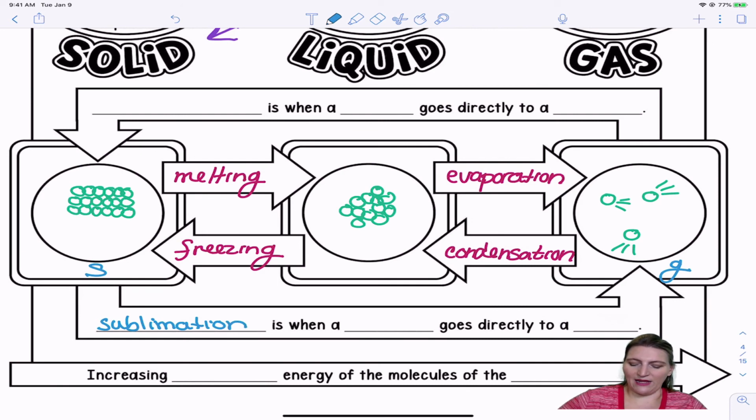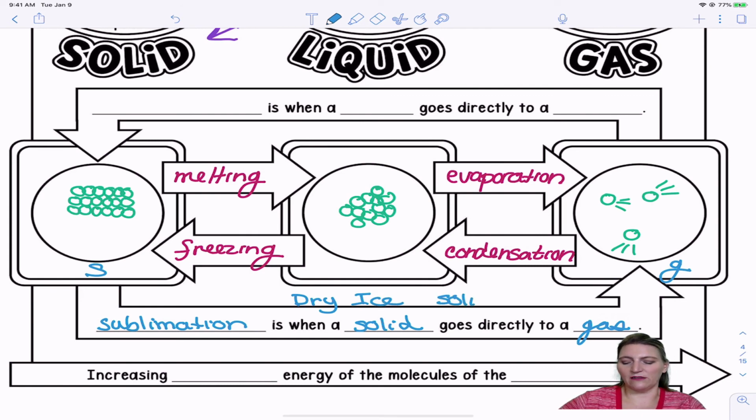That is when a solid goes directly to a gas. If you have ever used or heard of dry ice, dry ice is solid carbon dioxide, and that sublimates, that goes right from a solid to a gas without going into the liquid phase first.